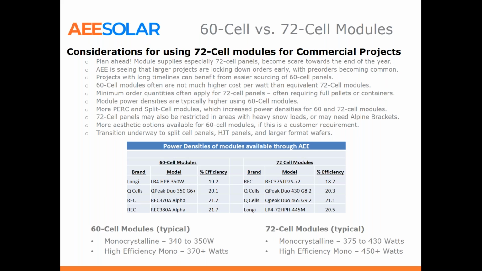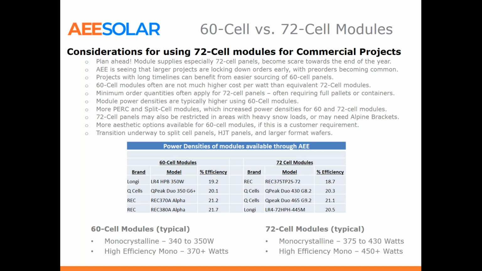And long lead times, though, if you have a short lead time horizon, you might benefit from using our 60 cell modules that are stocked rather than 72 cell modules that are a little bit scarcer. The 60 cell modules are not often higher cost per watt than the 72 cell modules.